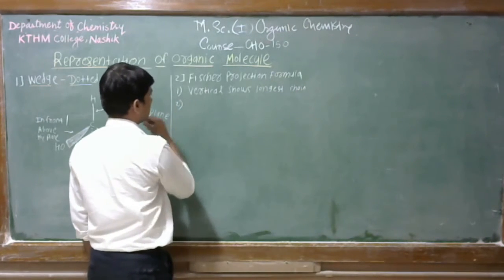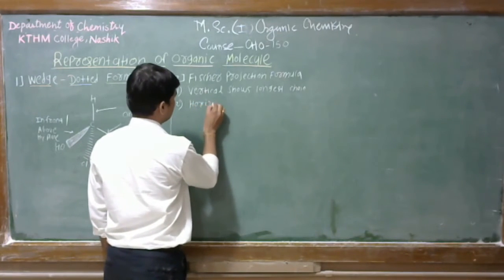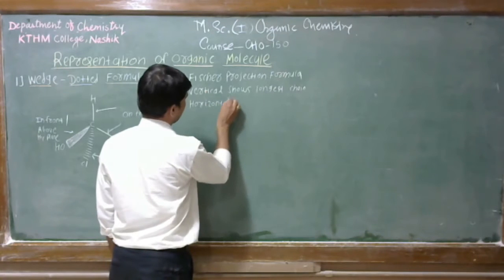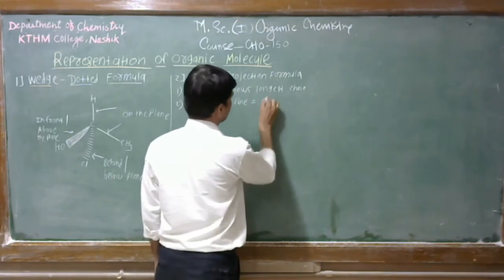Then there are some horizontal lines, which are equal to the number of chiral carbon atoms.